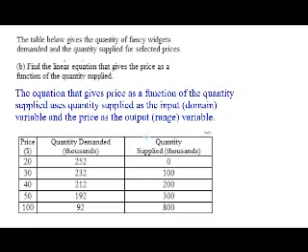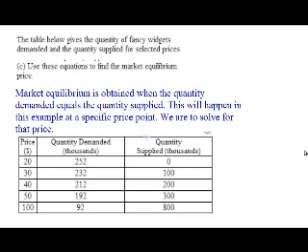The second part of the question, very similar, other than the fact that we're going to find an equation that gives us price as a function of the quantity supplied. And again, the input will be quantity supplied and the output will be price. Generally speaking, input we treat as a variable X and price is our output variable, usually Y. In this case we'll probably call it P.